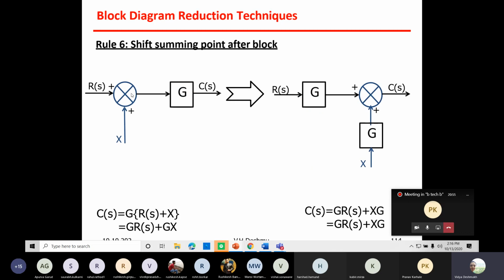In this rule, we shift the summation point after the block.